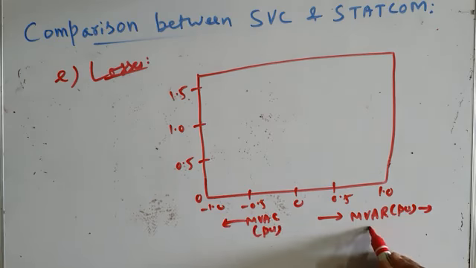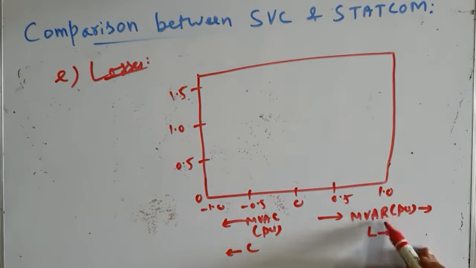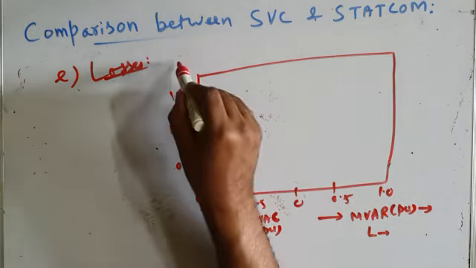That means this is the inductive region of operation and this is the capacitive region of operation. In the inductive region, the reactive power is MVA R, meaning reactive. In the capacitive region, the reactive power is MVA C, meaning capacitive. And these are power losses.